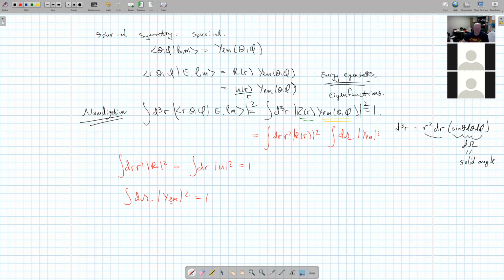And then here, this has to do with the Y_lm, where inside of this integral is the probability of finding the particle, or in this case, the two-body system, within d omega at angles theta and phi.